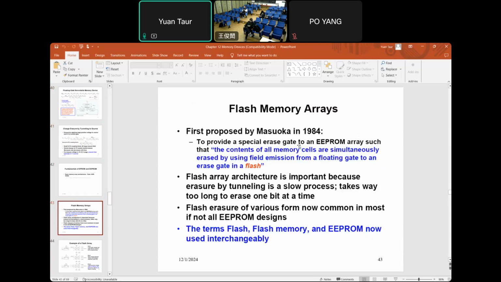The flash memory array was invented in 1984 by Matsuoka, Japanese, and that's where the term flash comes from, because in that case, to erase all the memory cells, you have to use a high field, and so you erase all the cells in a flash.